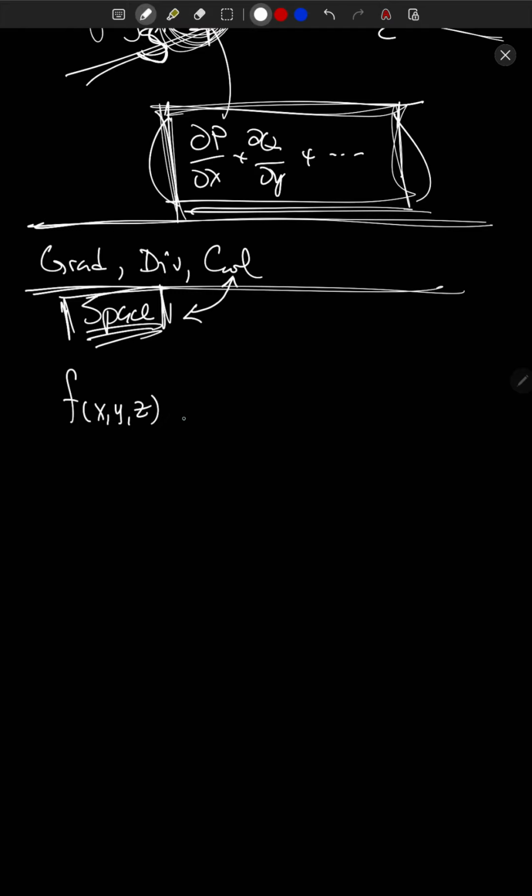So f of x, y, z is a function. There's this mathematical construct that we could do called df, and for our purposes, it's essentially like the gradient. We talked about this when we talked about linear approximation. I always like to use the deltas, delta x, delta y.